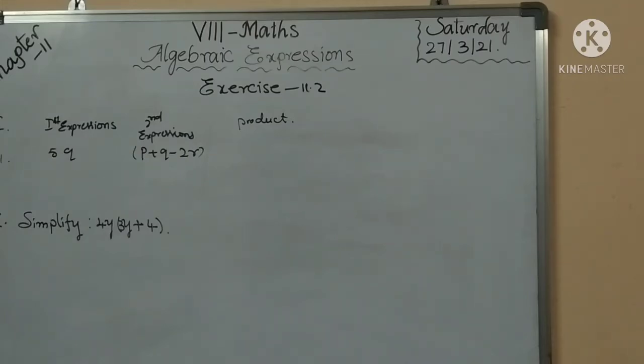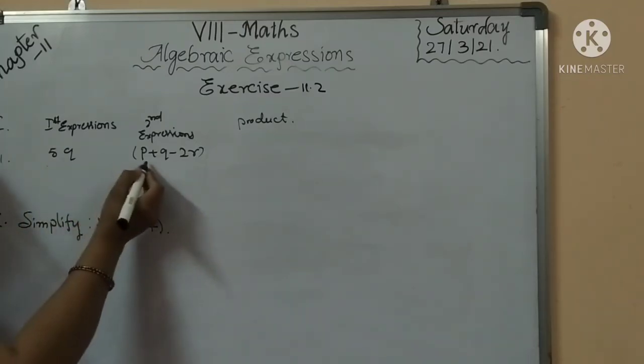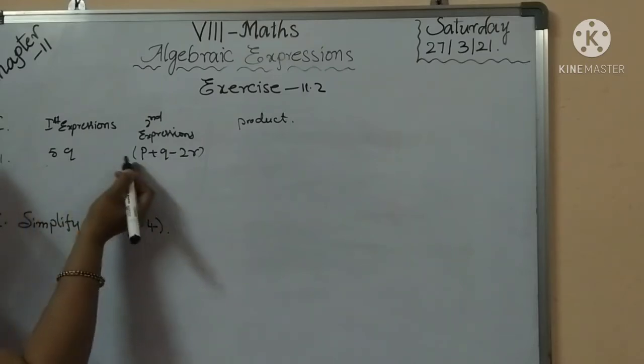Look at the textbook, children. 11.2 first Roman, complete the table. I will explain the first problem, first Roman. Remaining problems, do the homework. So here first expressions and second expressions are given. The third term is the product. So observe that the product of the first expression and the second expression.